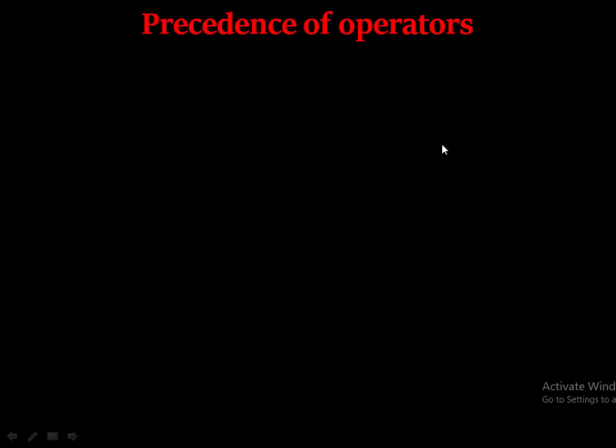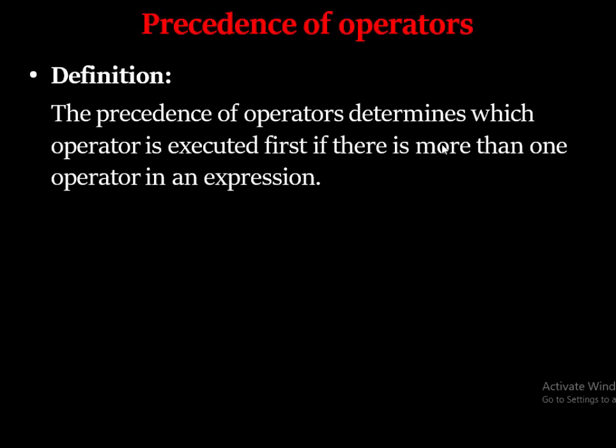Let us see the definition of precedence of the operator. The precedence of the operators determines which operator is executed first if there is more than one operator in the expression. Let us see an example. In this example, the expression is 5 minus 17 into x.